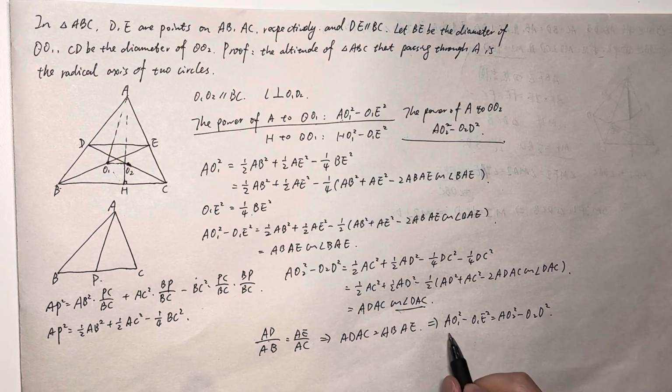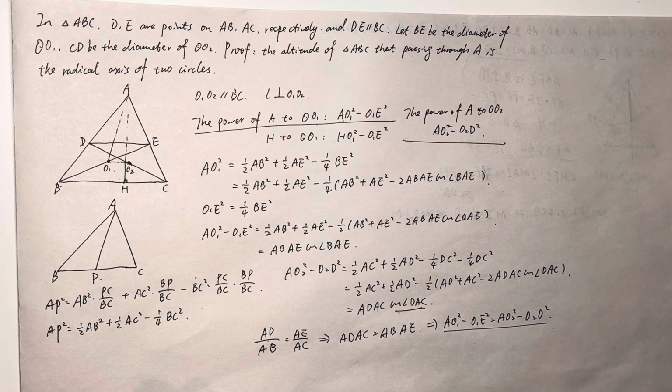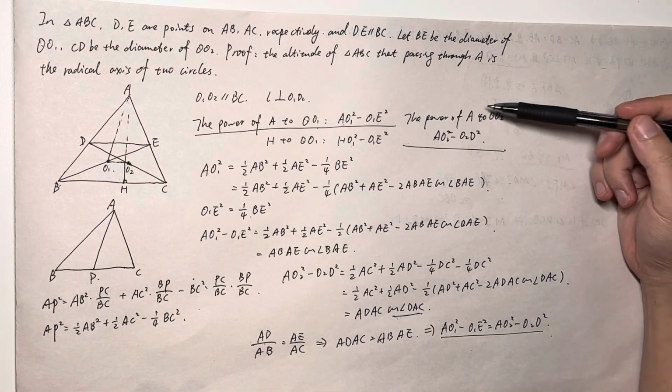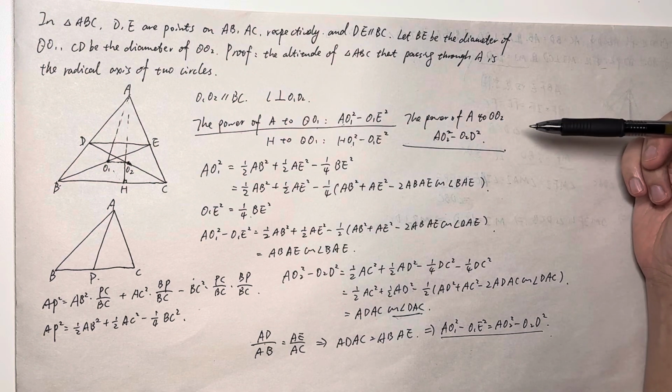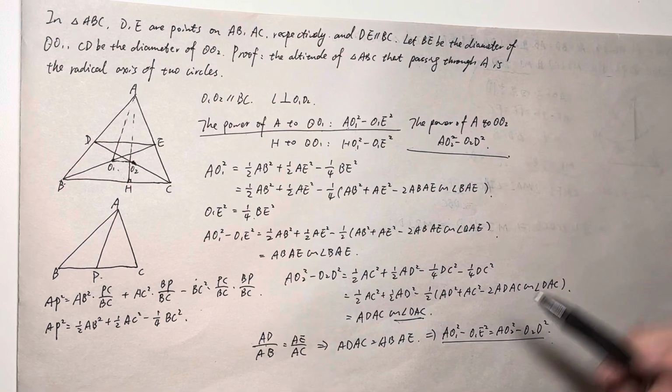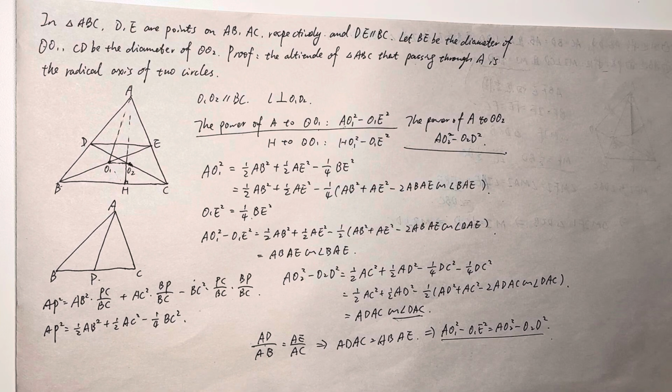This is saying that the power of A to O1 equals the power of A to O2, which means that A is on the radical axis of the two circles.